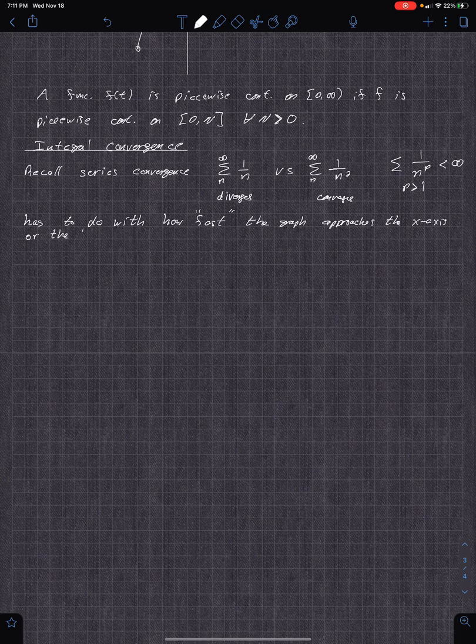Or what we call growth of a function. So fast or growth of a function. So we call this the order of the function. So there are different orders.